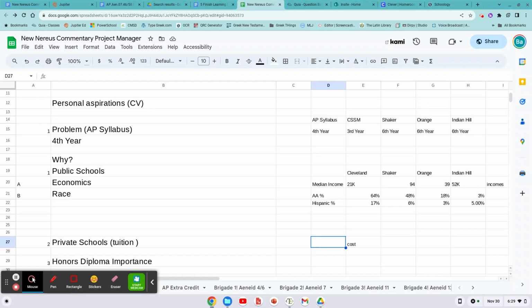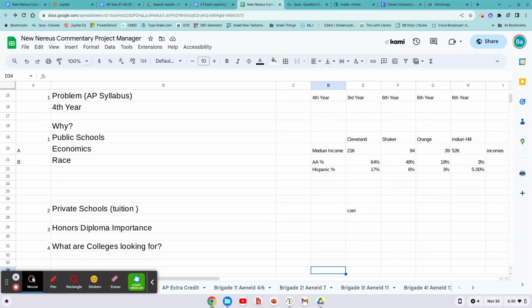Don't look at the state funding, because the district takes the lion's share of that. So talk to Ms. Perez about how much we get per pupil. And then when you look at it, you can also look at the racial aspect too for private schools: cost, race.